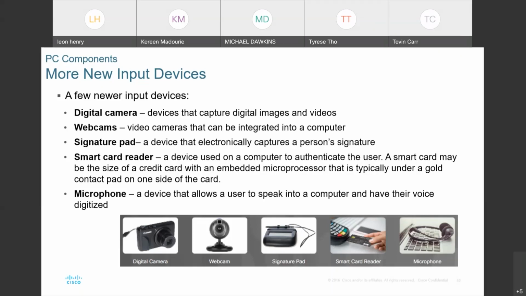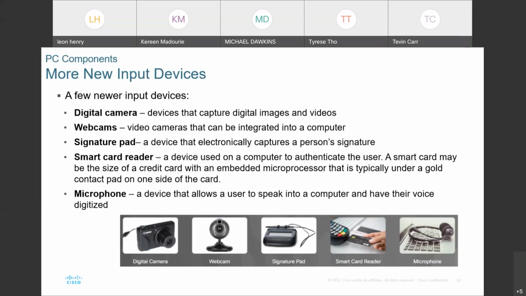Smart card reader. And that is a device your computer uses to authenticate the user. All right, so some persons who work at call centers and hotels use it for security purposes, and even on the banking cards, the credit cards.